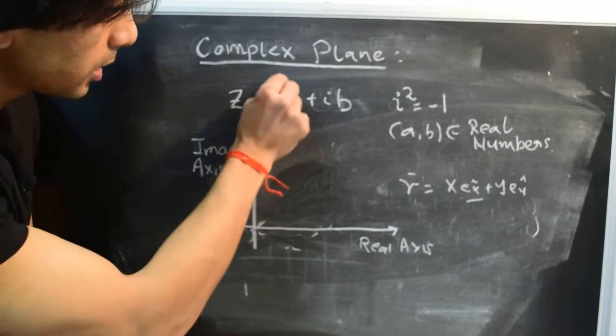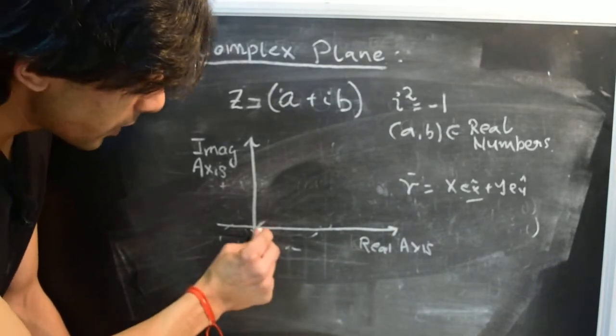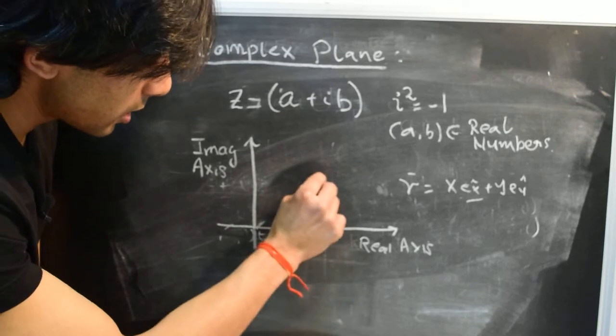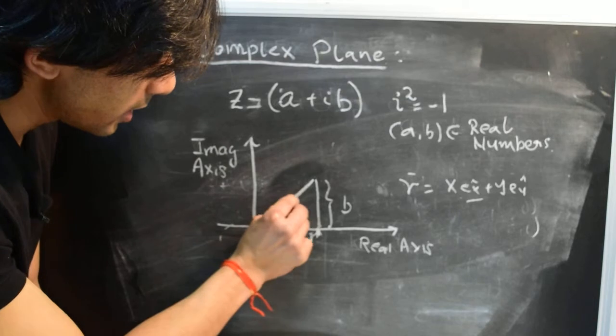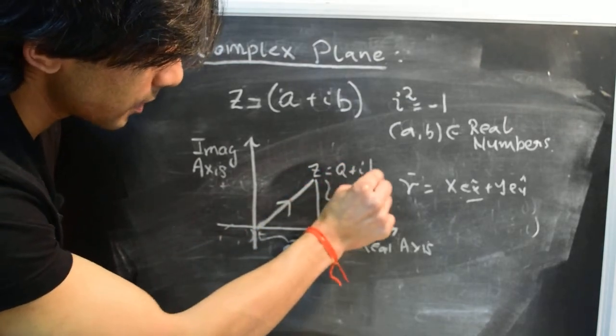And if you want to label a complex number of the form a plus ib, then we move a units along the real axis and then b units along the imaginary axis, and we arrive at the point z, which is a plus ib.